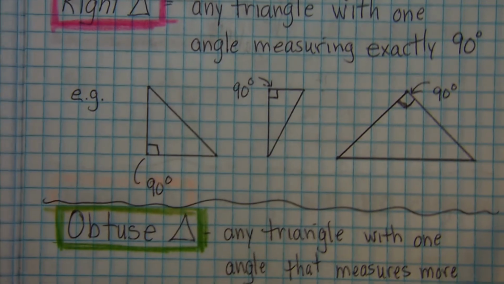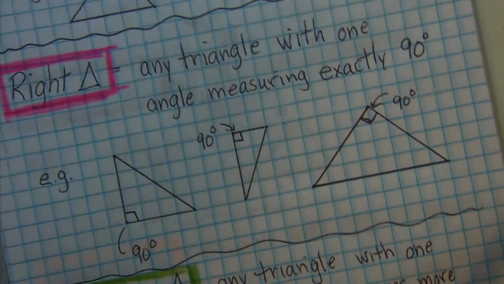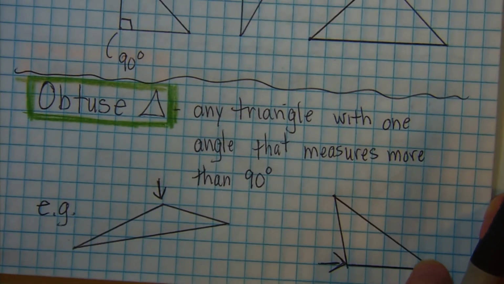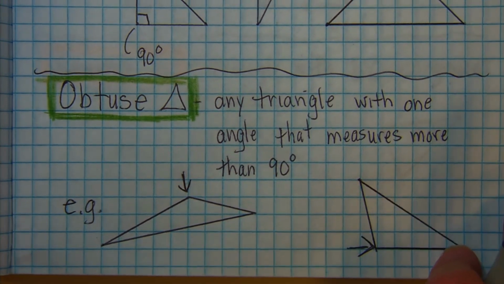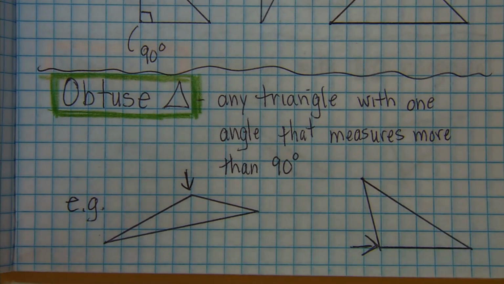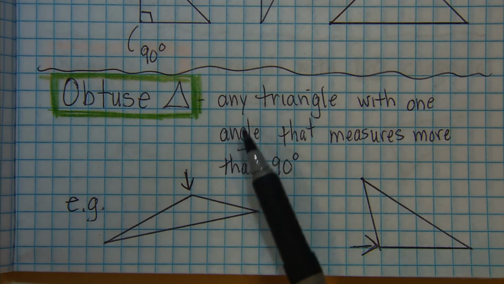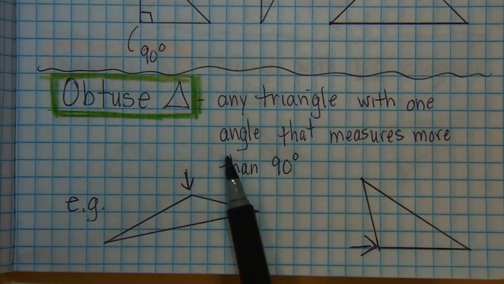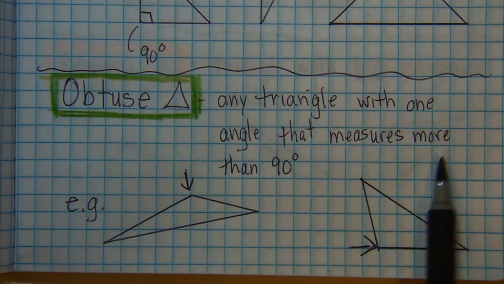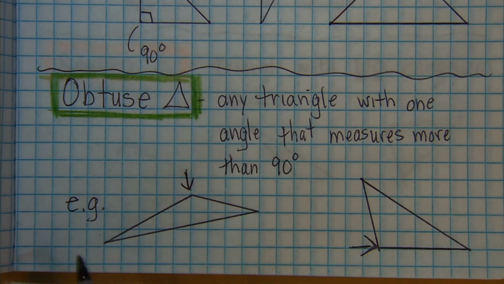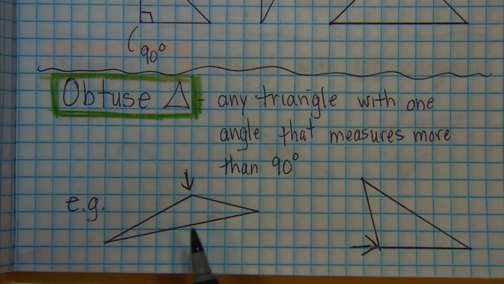Alrighty, now another is the obtuse triangle. An obtuse triangle is any triangle with one angle that measures more than 90 degrees. And here are the examples I've given you in drawing.